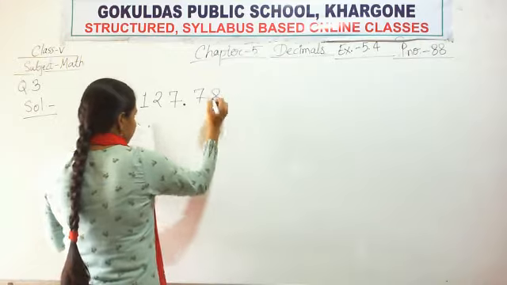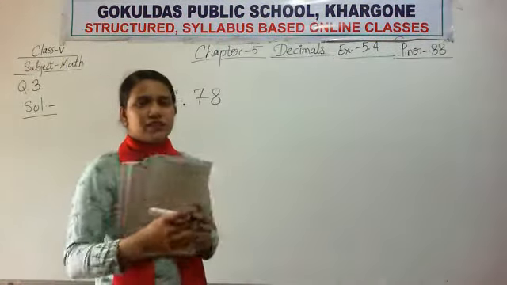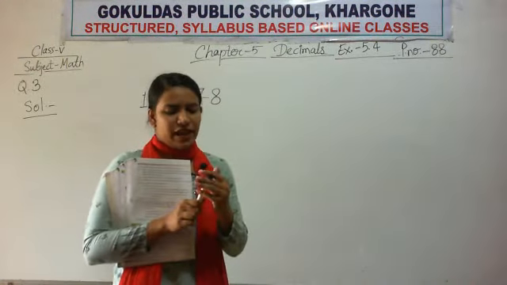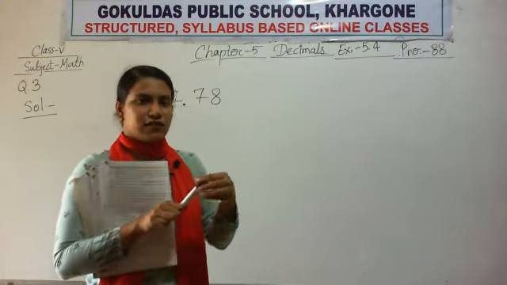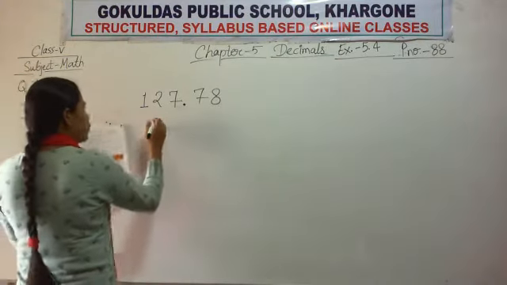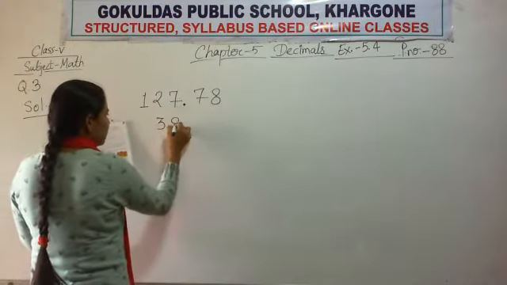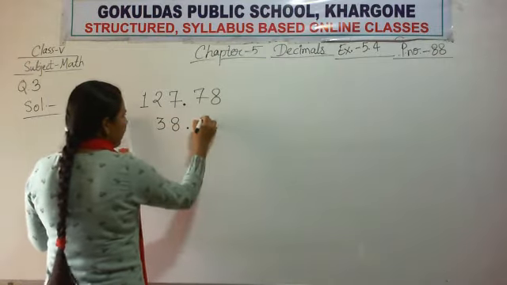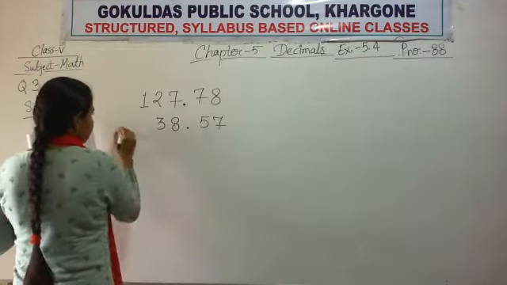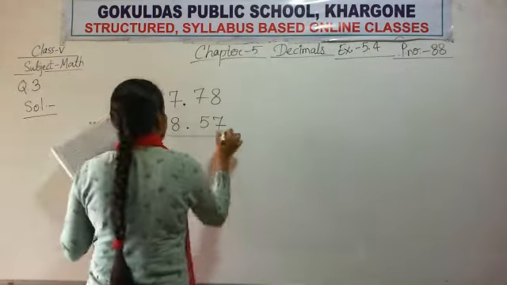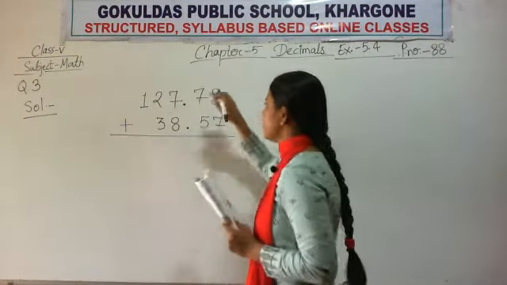Sum means the result of addition, right? Means we need to add the given numbers. Second number is 38.75. We want to find the sum first, so I am adding them.